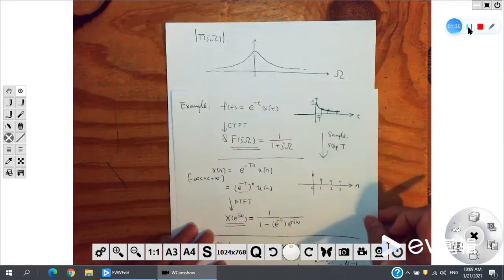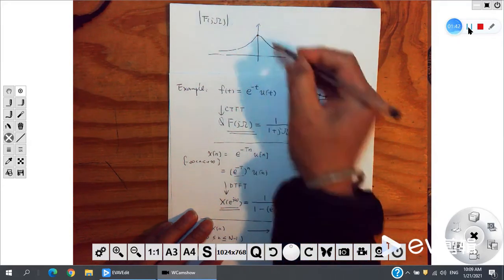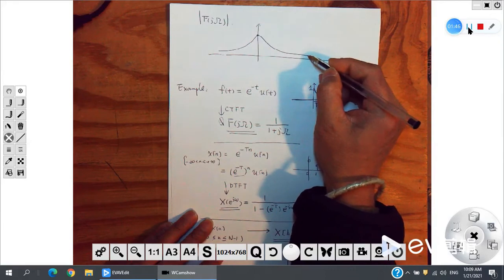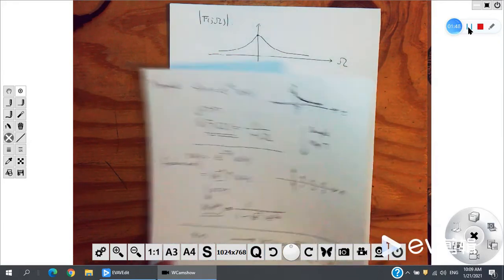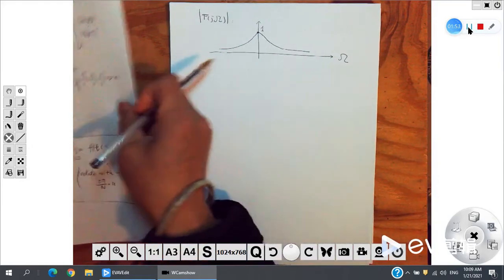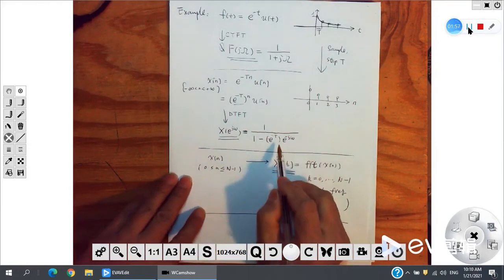Here's the function. When capital omega is 0, it is 1. When omega increases, the value turns lower and lower, right? Things like this. So here's 1. And the second one, capital X, looks like this.